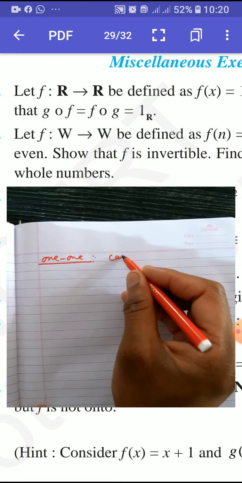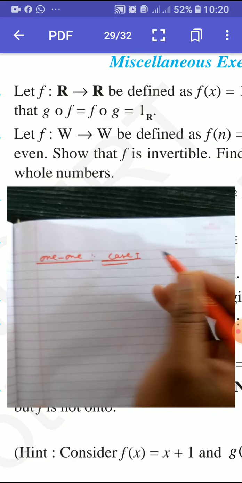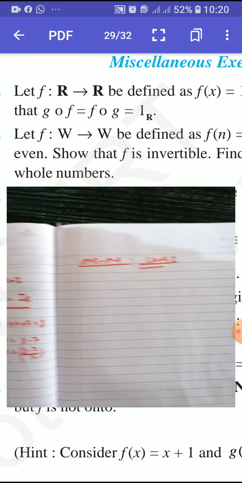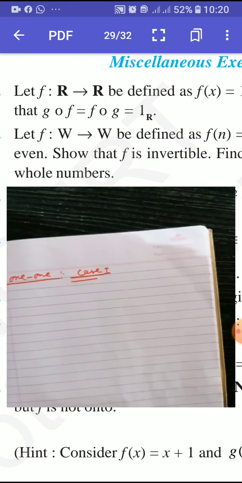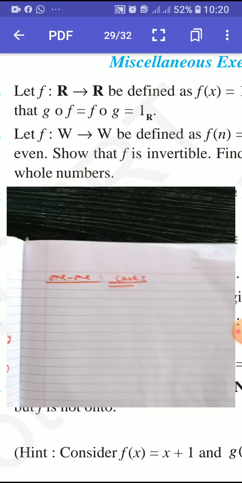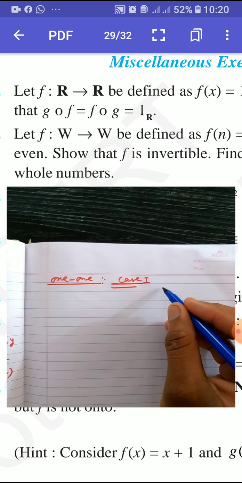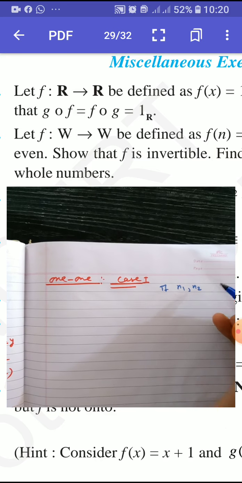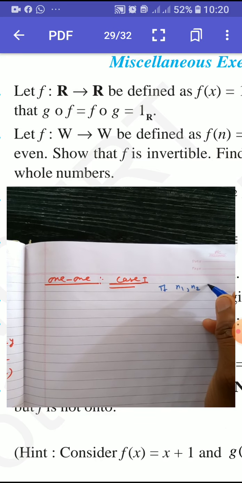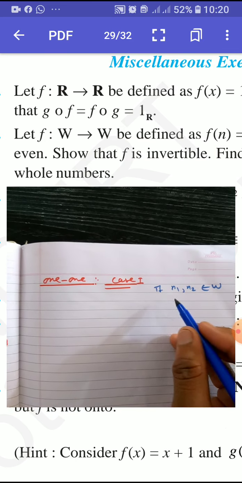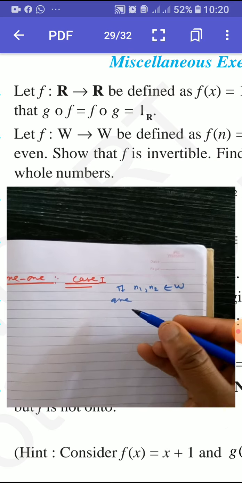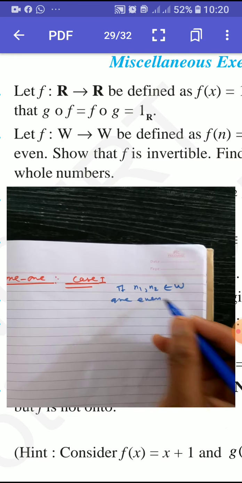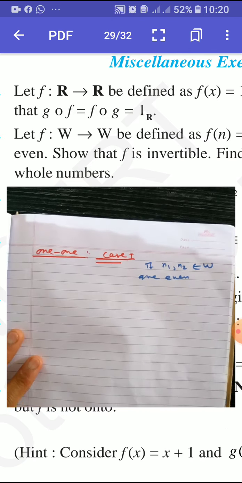Case 1: if n1, n2 belong to whole numbers and both are even.